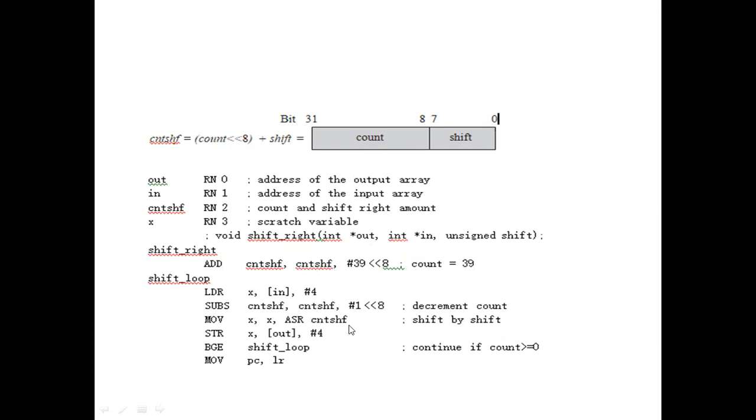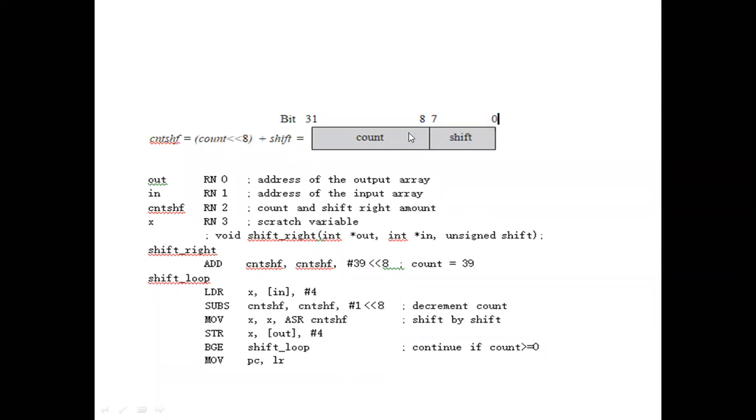After 39 iterations, 39 loops, it will get terminated, because the count value is 39. For each iteration it is decremented by 1, and after 39 loops you are going to terminate the string, or end things.